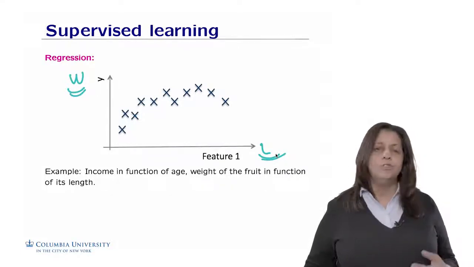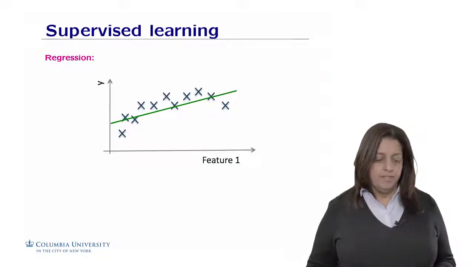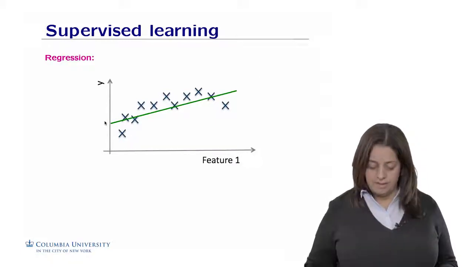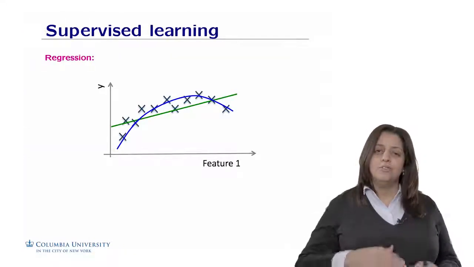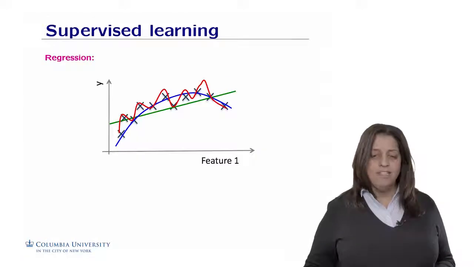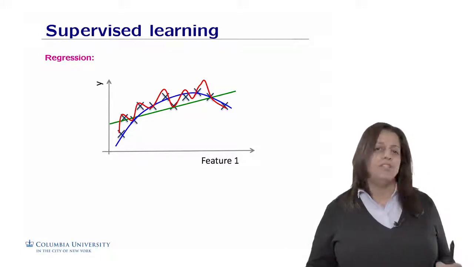So in this case, we're going to try to fit some curve through the data points. The first possibility is to fit a linear function through the data points. We could also try to find something curvy that would match the shape of the points, or finally try to find a more complicated kind of function that goes through all the data points to really match the data exactly.